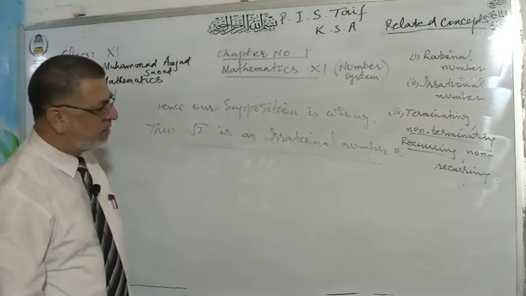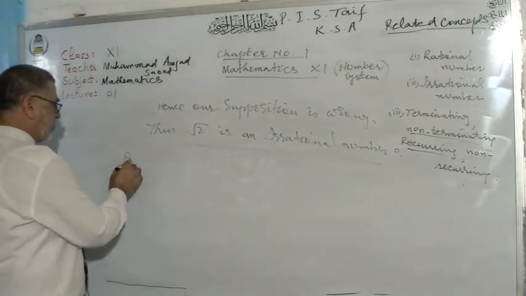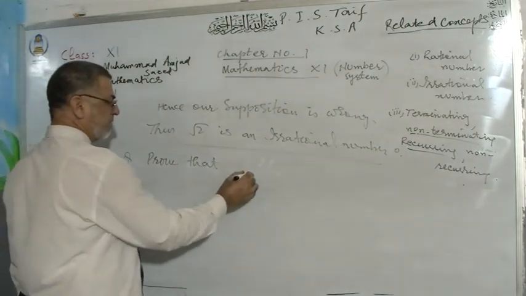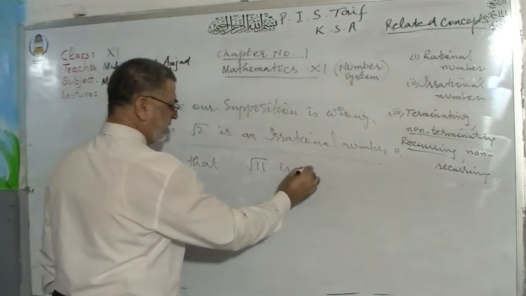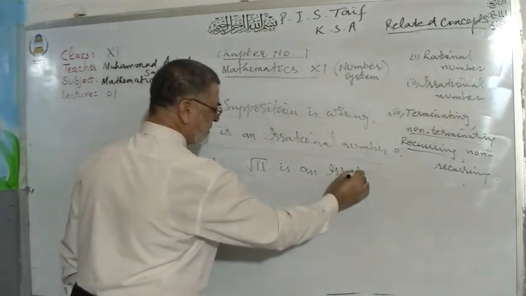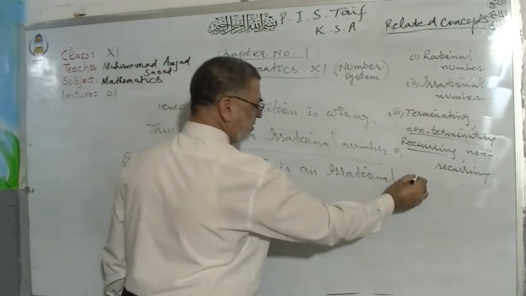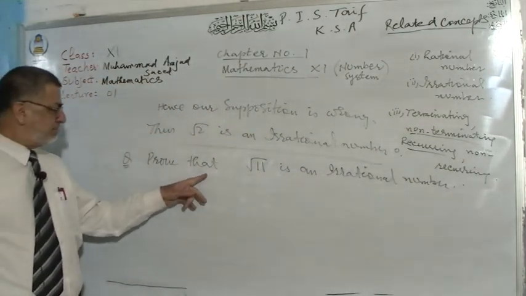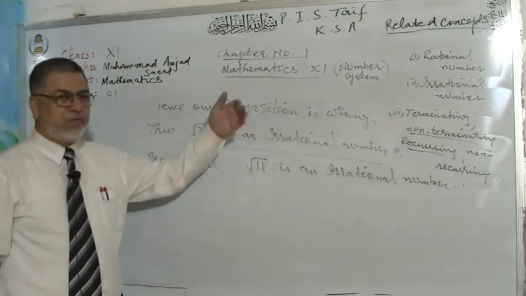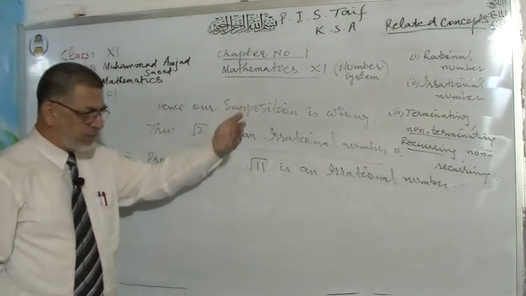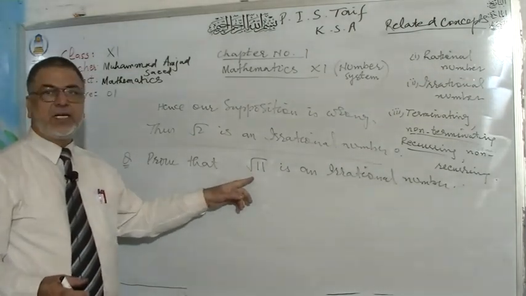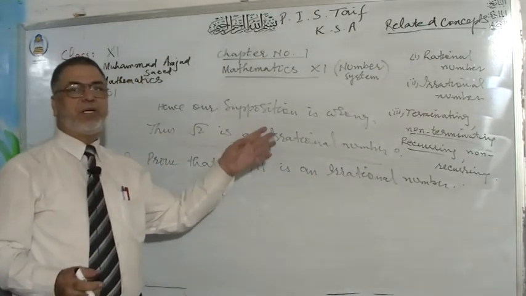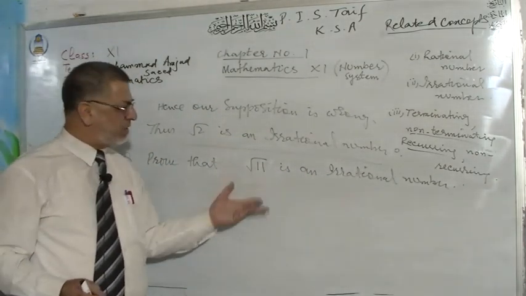So I hope that you can solve the question: prove that root 11 is an irrational number. This is for your practice. Keep your previous part in front of you. Then write down: root 11 is a rational number, root 11 is equal to P over Q, P and Q have no common factor, they are in the lowest form.